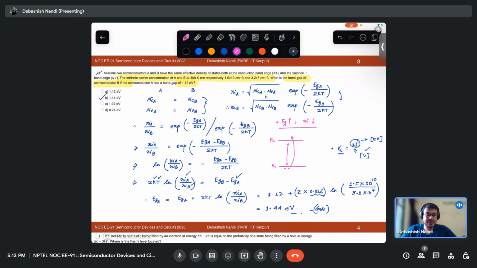Those free electrons take part in conduction. These are valence electrons. Valence electrons take part in conduction, but how? In the form of holes. The gap left by an electron creates a hole. That is a concept. A hole is not a physical particle. It is a concept: the absence of an electron.